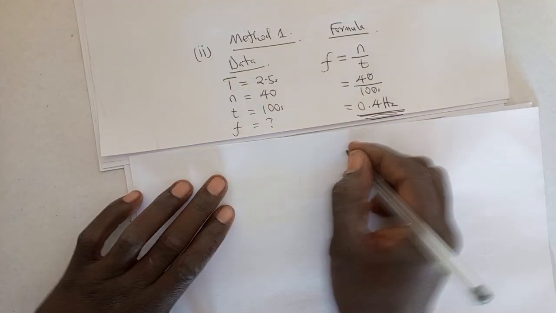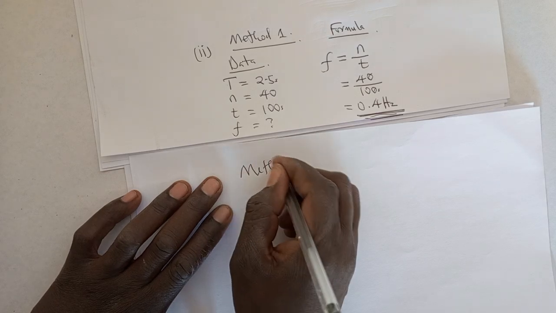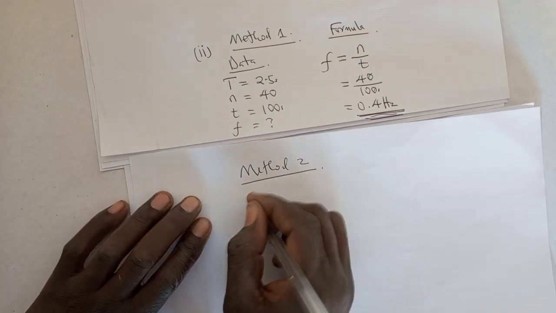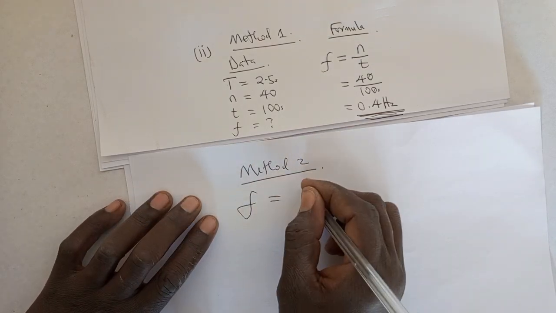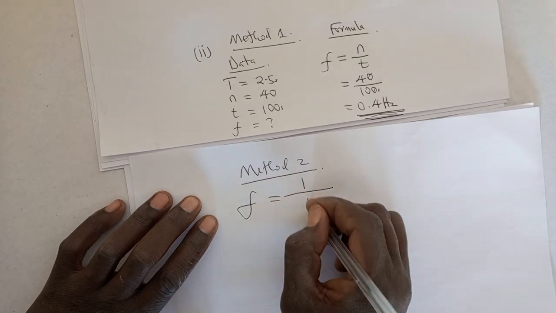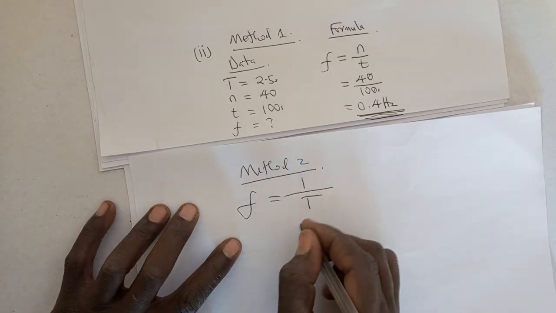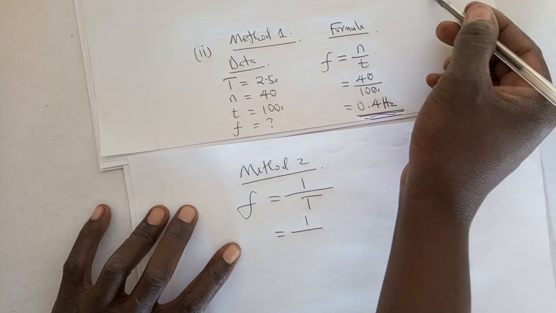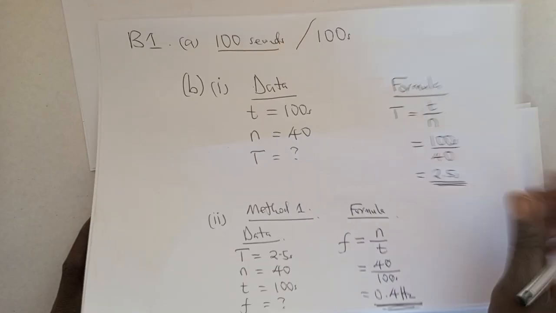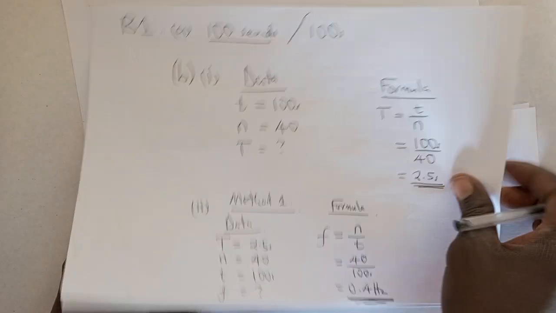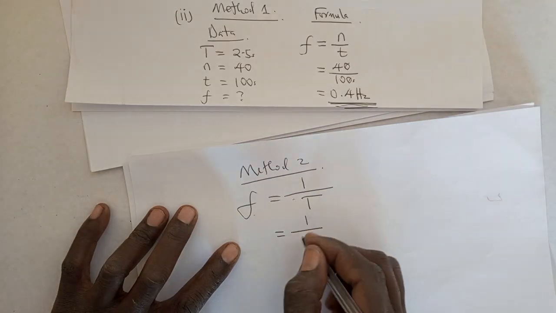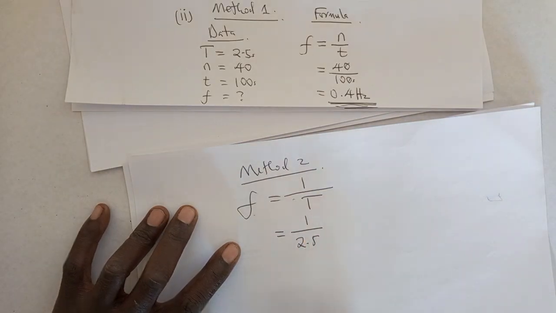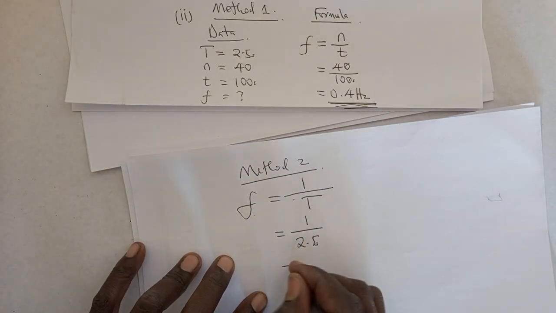From the data, using the same data in method 2, we just say frequency is equal to 1 over period. What is the period? 1 over what period did we find? Here we had found 2.5, so we are going to say 2.5 seconds.